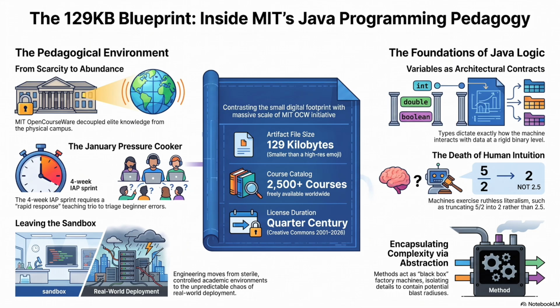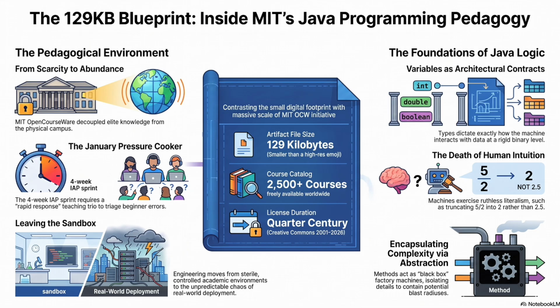But those constraints lead me to something in this syllabus that I really struggled with when I first read it. Okay, what was that? The next topics on the docket for Lecture 2 are division and order of operation. And I have to be honest, reading that on an MIT computer science syllabus feels kind of bizarre. It does seem a little out of place. Right. We are talking about some of the brightest mathematical minds in the world, and they are spending an intensive January term learning parentheses, exponents, multiplication, and division.